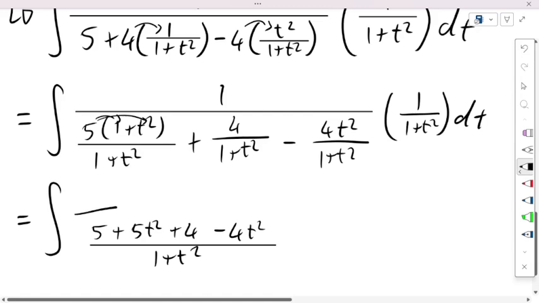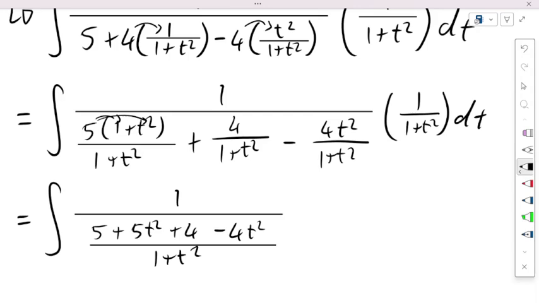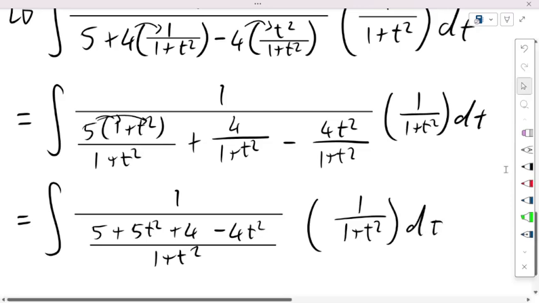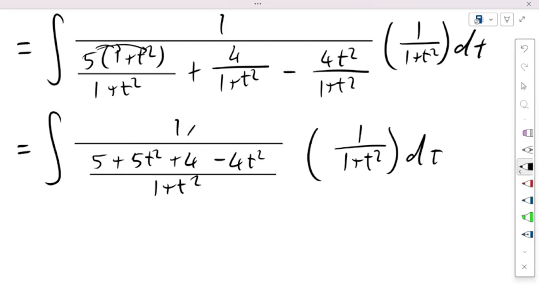And then this line will be shorter, all divided by 1, or the 1 is in the numerator, multiplied by 1 over 1 plus t squared dt. Which now we can rewrite as follows, because this is 1 divided by this whole denominator.